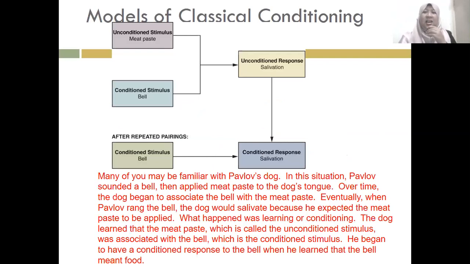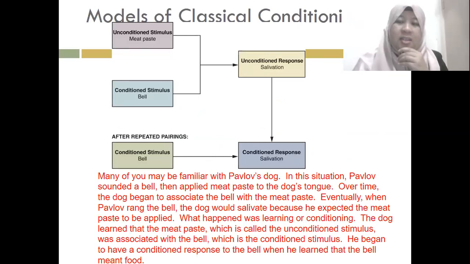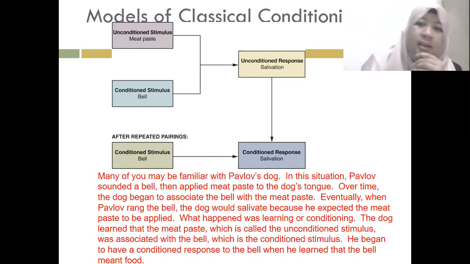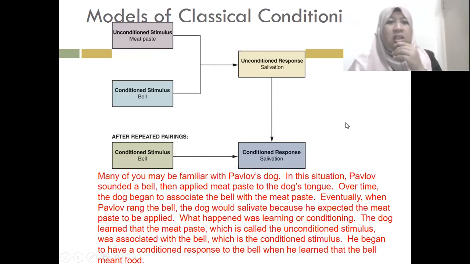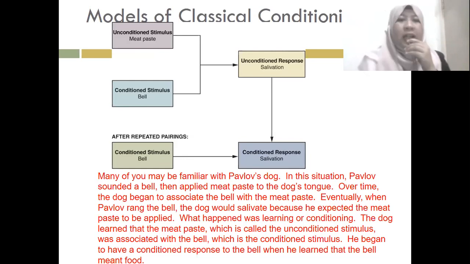So in here, they give some examples of classical conditioning, meaning models of classical conditioning. If you look at this diagram, the unconditioned stimulus is the meat paste, and the conditioned stimulus is the bell, and the unconditioned response is salivation.